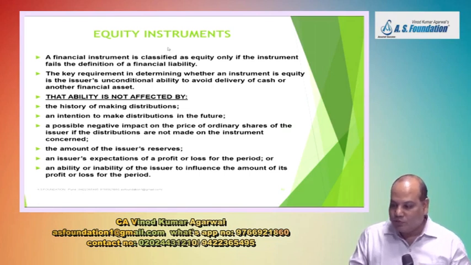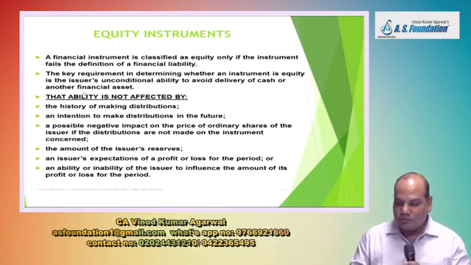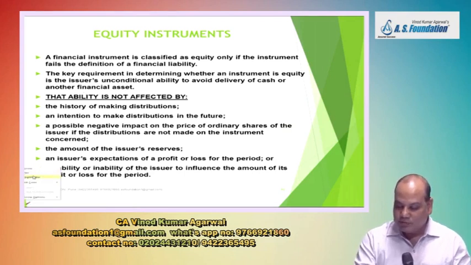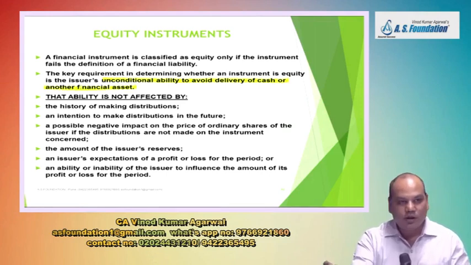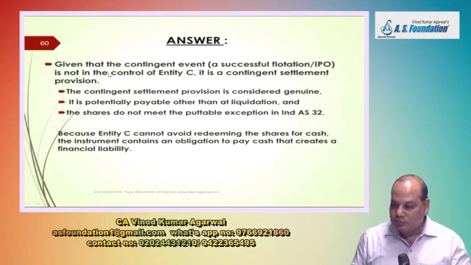So what we have to see is whether the issuing entity has an unconditional ability to avoid delivery of cash or another financial asset. If you can avoid delivery of cash or another financial asset unconditionally, then the instrument will become an equity instrument. In the previous example, we didn't have this unconditional power.